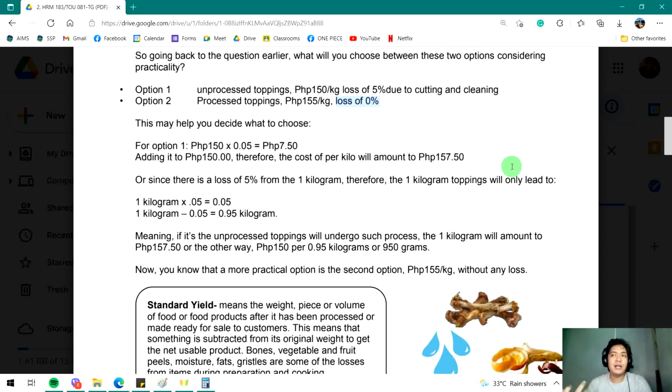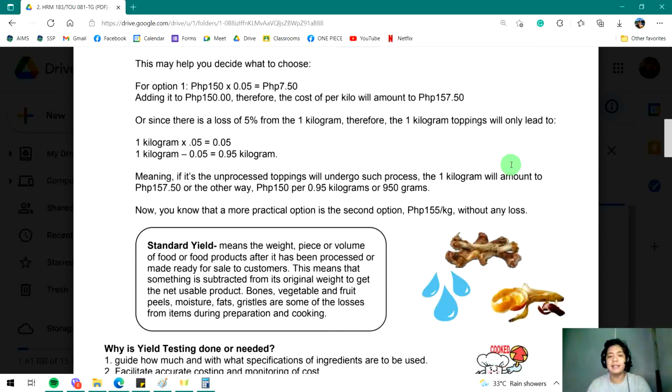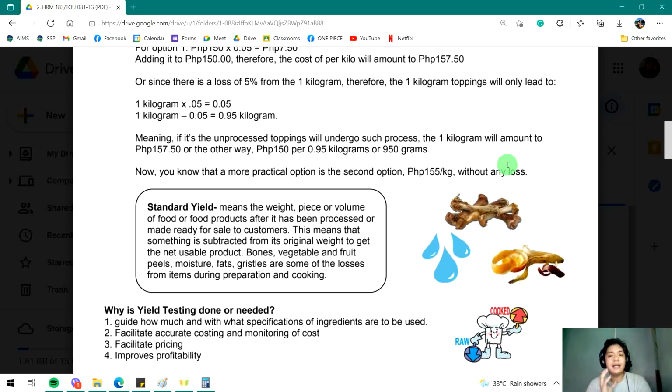So, yun po ang essence ng standard yield. Lahat ng ingredients natin ay hindi lahat yun na i-utilize natin. Meron at meron tayong wastage, meron at meron tayong shrinkage na tinatawag natin, meron at meron tayong loss. Kada ingredient, lahat yan. Ultimo yung itlog, kasi per piece yung bentahan niya.